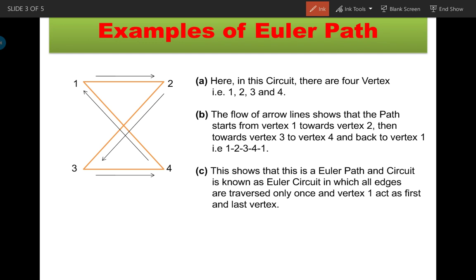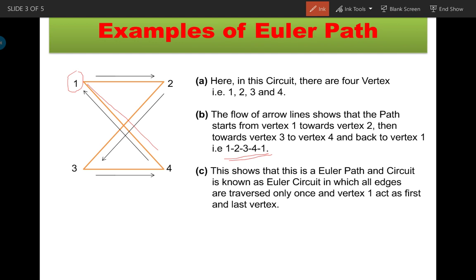The arrow shows how we proceed, and we consider vertex 1 as the start vertex, and from this vertex we proceed to vertex 2, then to vertex 3, then to 4, and finally again to vertex 1, okay. So in this case we see that the Euler path is 1 to 2 to 3 to 4 again to 1.